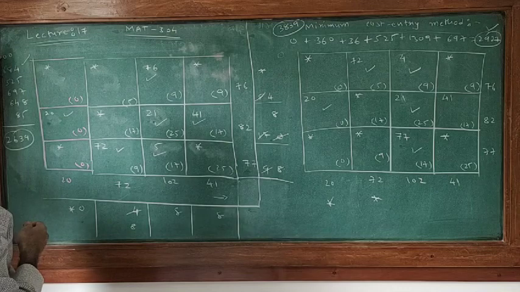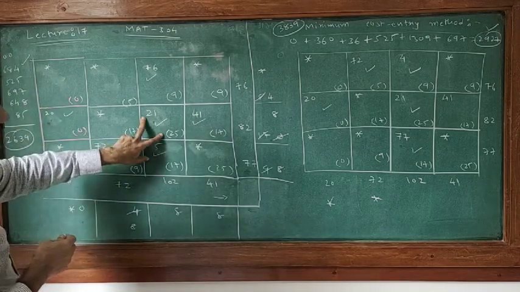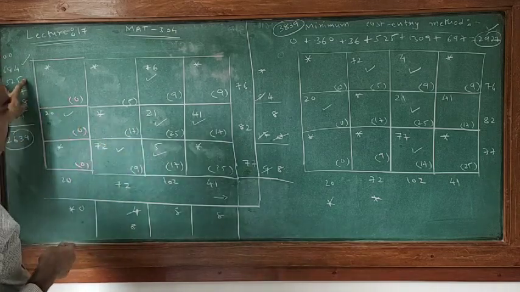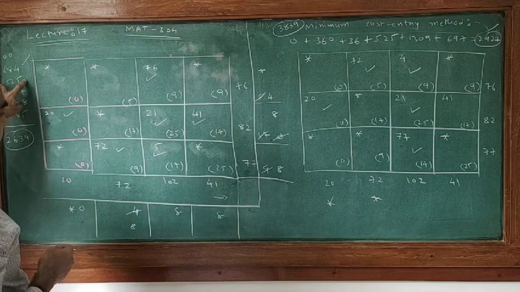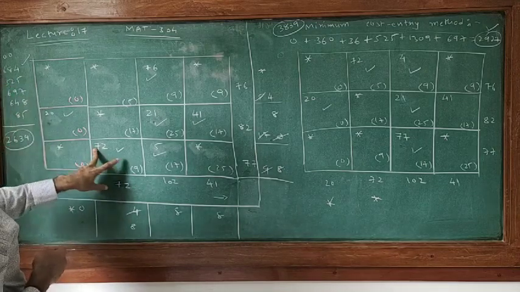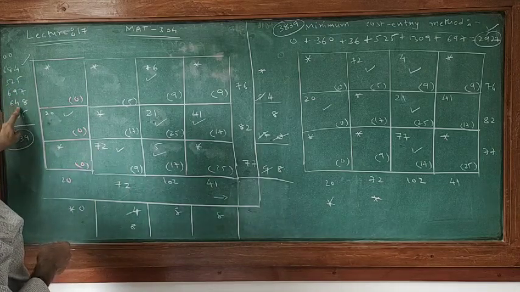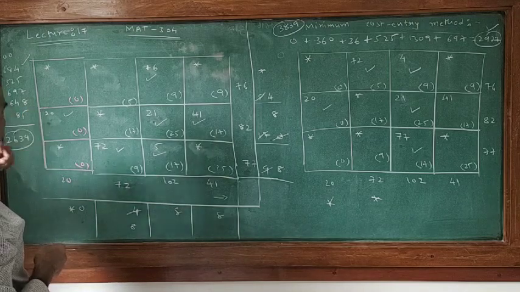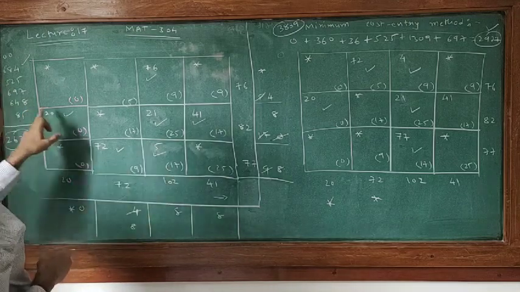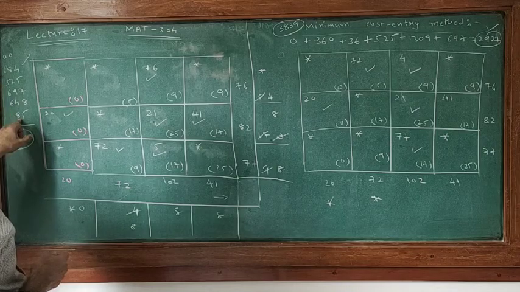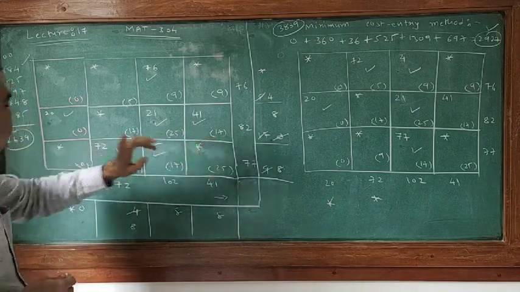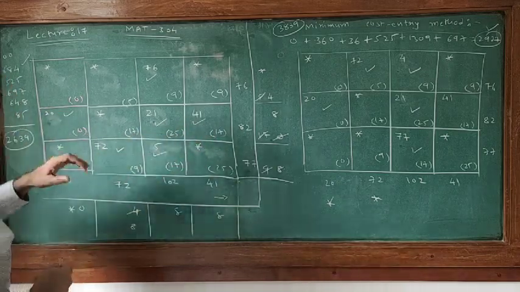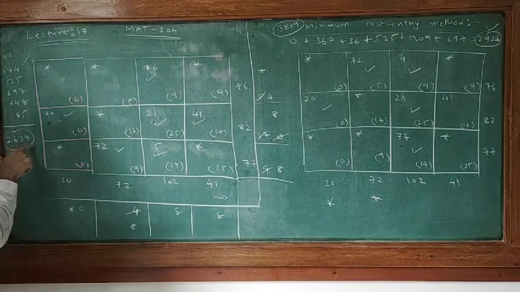This is 0. 21 into 25, 525. 72 into 9, 648. 17 into 5, that is 85. And 41 into 17, that is 697, and therefore this sum is 2639.